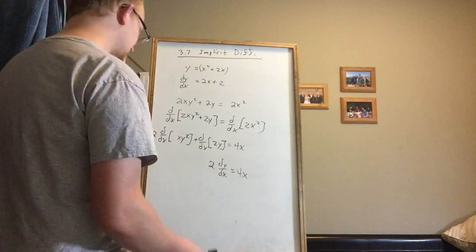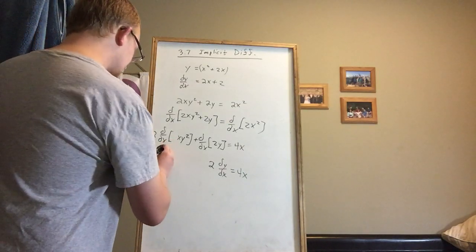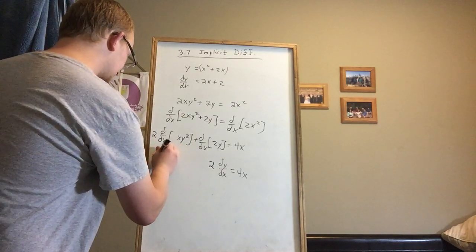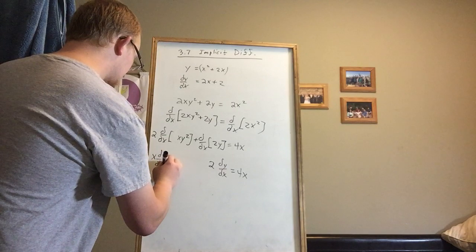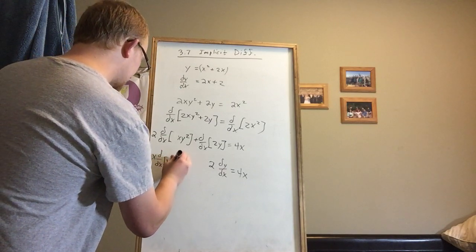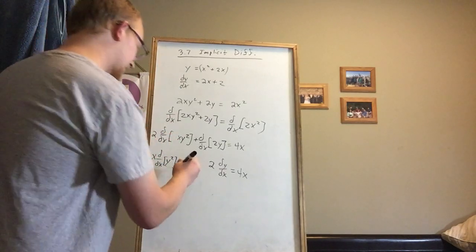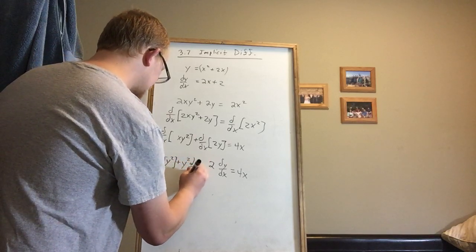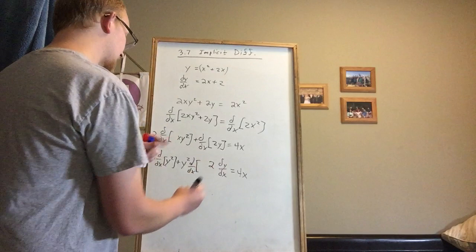So I will go ahead and do that now. The first term is x, so first d second, d dx of y squared, plus second, which is just y squared, d first, which is d dx of x.